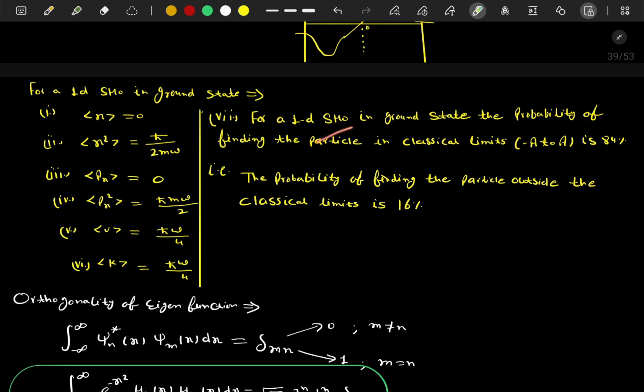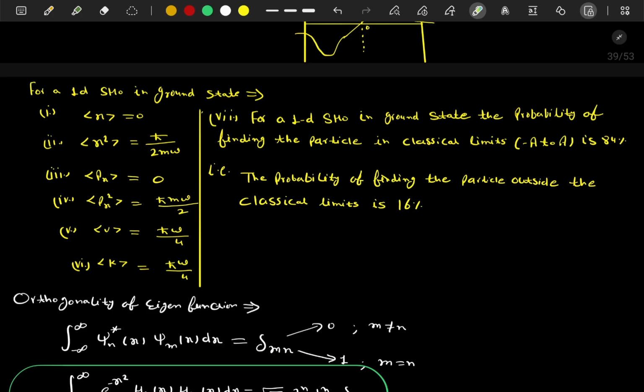Now, points to ponder. For a 1D SHO in the ground state, the probability of finding the particle within the classical limits is 84%. Think about it. For a simple harmonic oscillator in the ground state, the particle can be found in the classical limits most of the time because the probability is 84%.